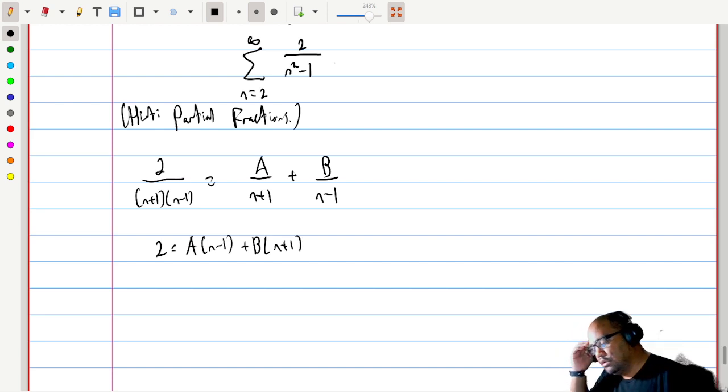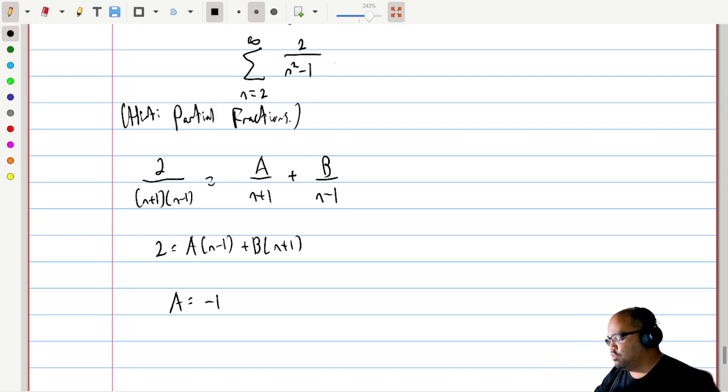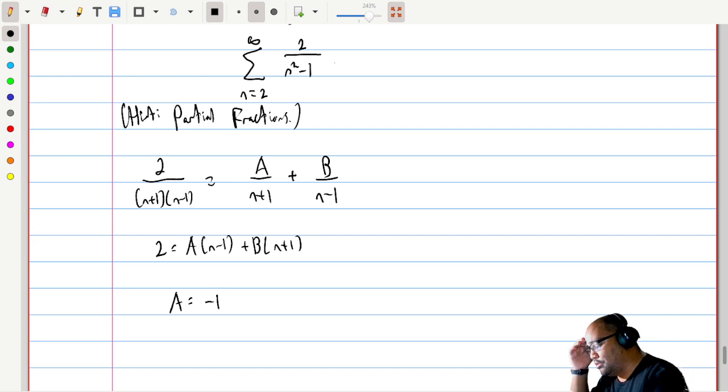And if I'm clever enough here, A should be minus 1/2. No, A is minus 1, because negative 2 divided by negative 2 is a negative 1. And B is a positive 1.